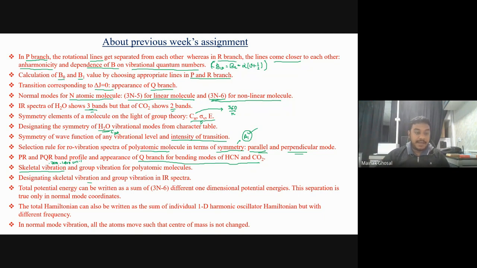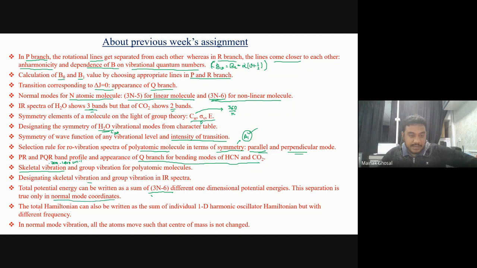Next, the total potential energy was written as the sum of 3n minus 6 different one-dimensional potential energies. This was applicable for a non-linear molecule because, you know, for a non-linear molecule there will be 3n minus 6 vibrations. So you can write this potential energy as a function of 3n minus 6 different one-dimensional potential energies. It was also mentioned that this is applicable only for normal mode coordinates. The same thing happened for the Hamiltonian of the system.